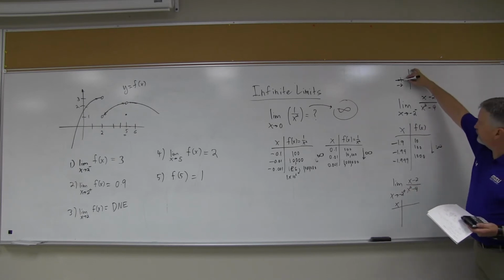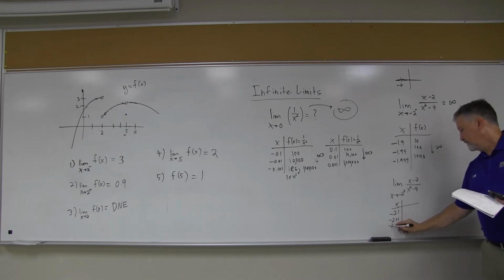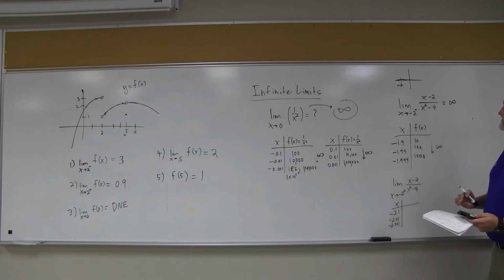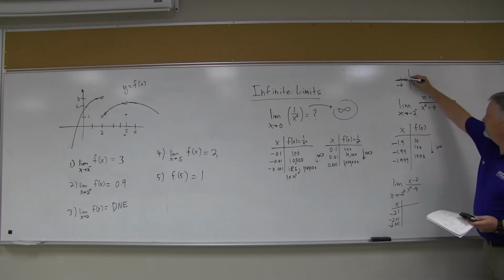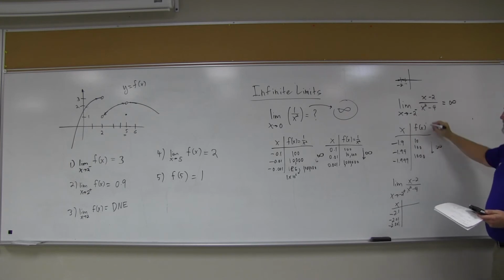So I approach -2 from the right, well that's -2.1, -2.01, -2.001. I did those backwards, didn't I? Because this side would be -1. I mixed those up.